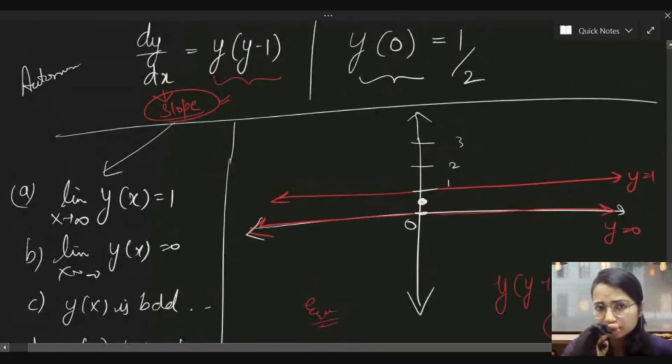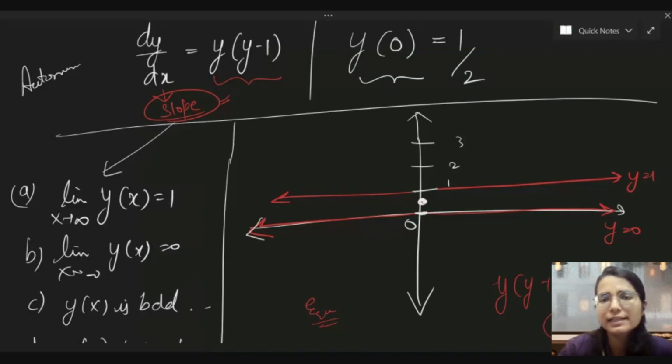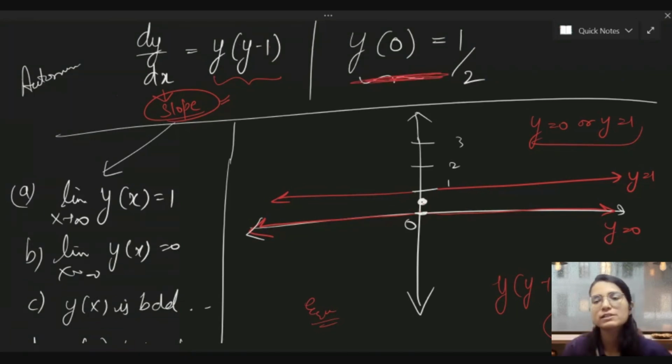Our solution does not pass through y is equal to 0 or y is equal to 1, because it passes through this point. And we have seen that y is equal to 0 and y is equal to 1 are not the points satisfied by our solution. It means that our solution does not touch y is equal to 1 and y is equal to 0. Okay. And our solution is decreasing. So our solution will be something like this.